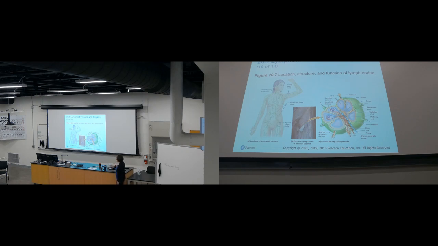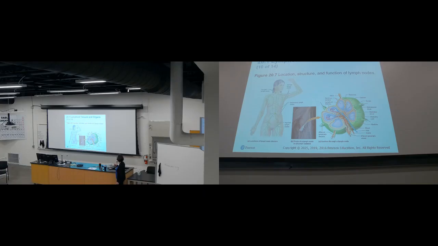In here, we have B lymphocytes. And then this is the medulla. In this part, this is where we have the T lymphocytes in the paracortex. And then we have in this part several afferent lymphatic vessels.